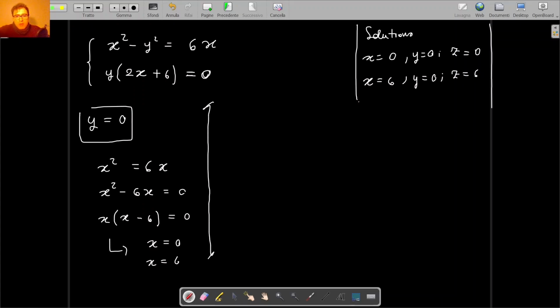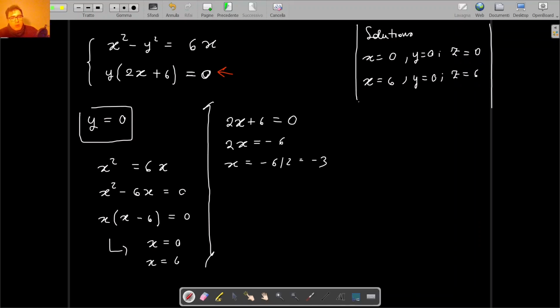Let's try to find the other solutions. So now we solve this other equation here. Basically the whole system can be solved considering this linear equation here, and we have 2x plus 6 equal to 0, which means that we have 2x is equal to minus 6, and then x is equal to minus 6 over 2, which is actually equal to minus 3. Perfect. So now we have minus 3. We can substitute the solution here in the first equation.